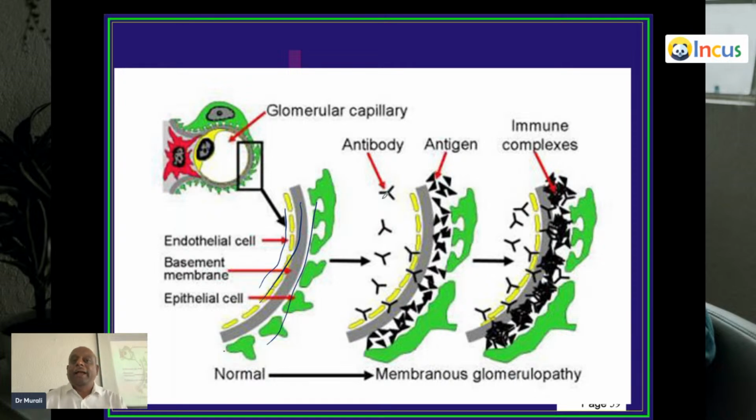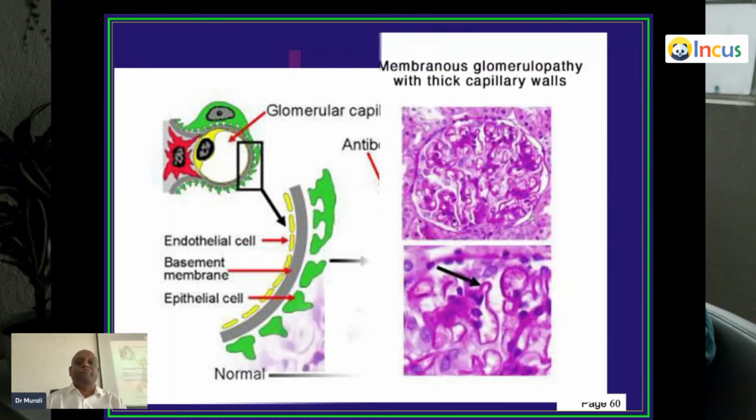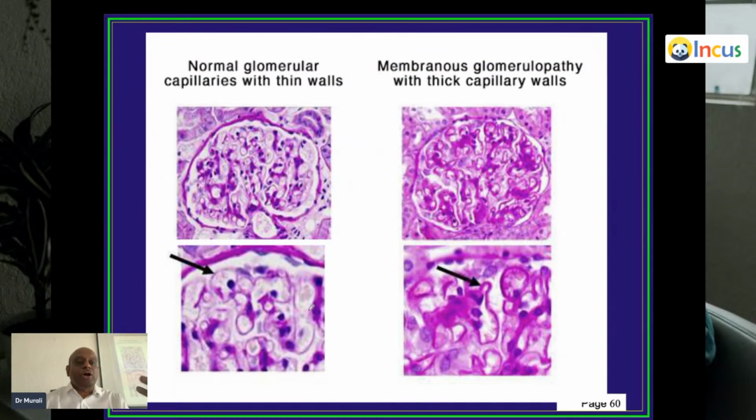And when antibody meets antigen, it forms an immune complex and comes and deposits along this membrane and leads to thickening of the glomerular basement membrane, which is typically called membranous nephropathy. So this is a normal glomerular capillary wall with thin walls, whereas this is a membranous glomerulopathy with a thick capillary wall.